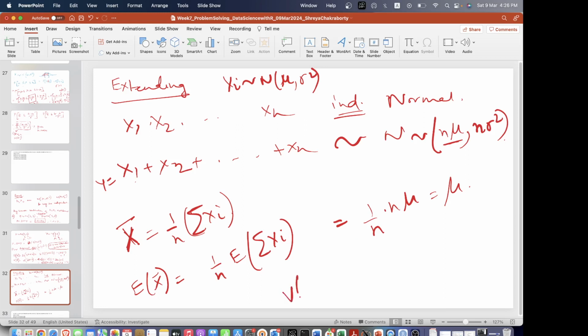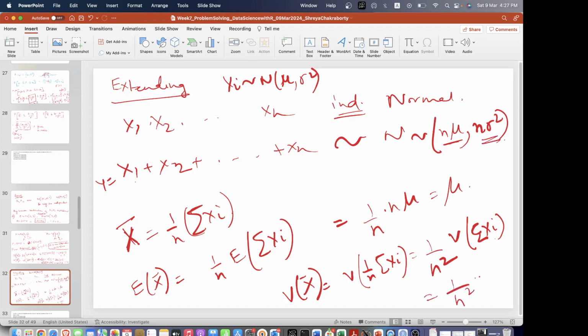And variance of x bar would be variance of 1 by n summation xi. This would be 1 by n square into variance of summation xi. Now variance of summation xi is n sigma square, so this would be 1 by n square into n sigma square. So we would have sigma square by n.